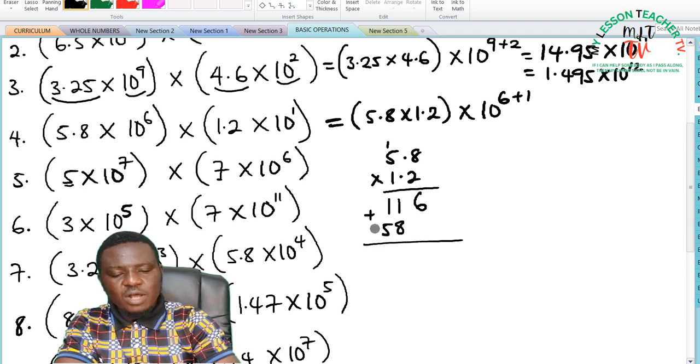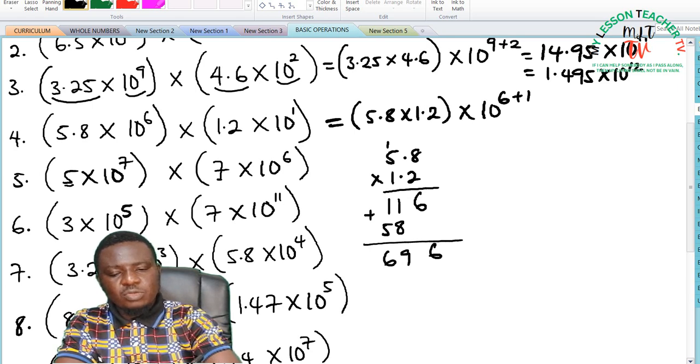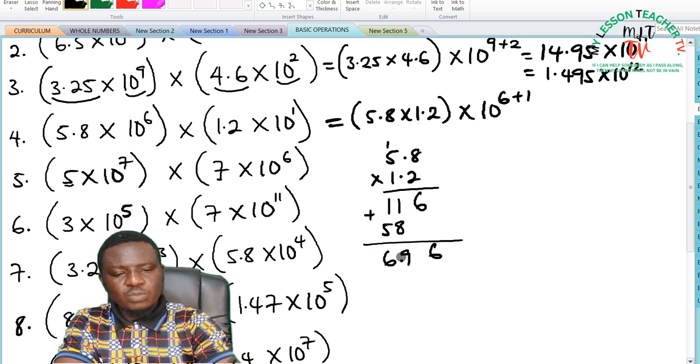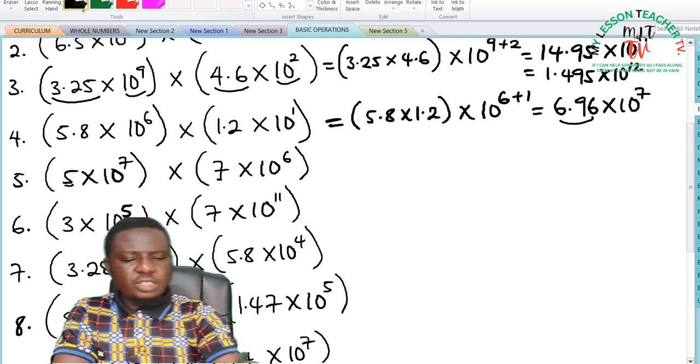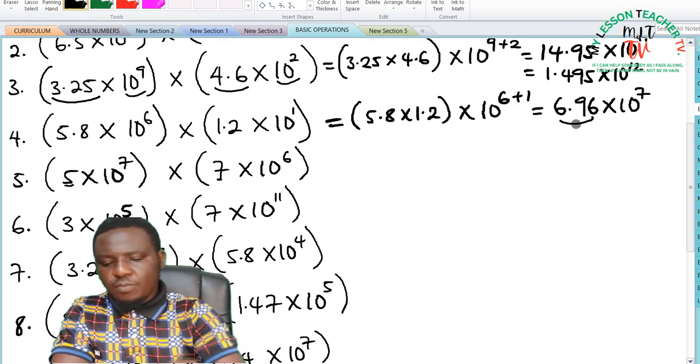Summing this, you have 696. 2 places of decimal, so this is equal to 6.96 times 10 raised to the power of 7. This is already expressed in standard form.